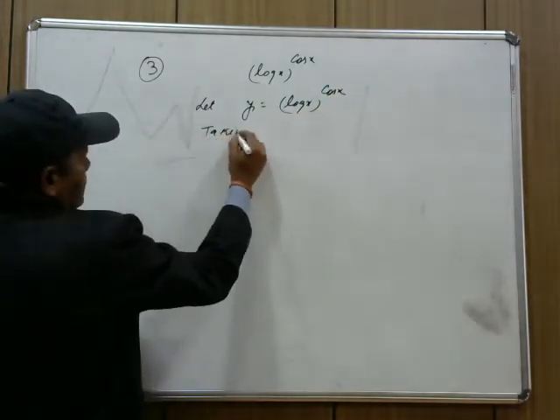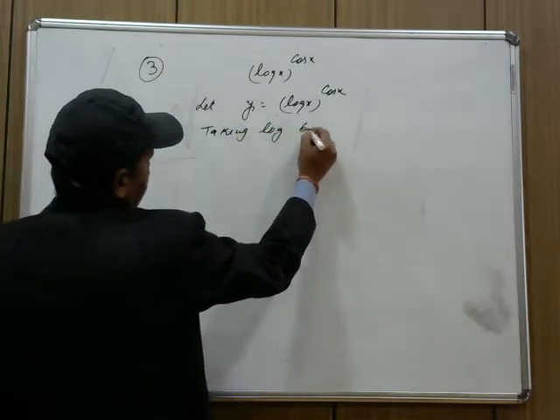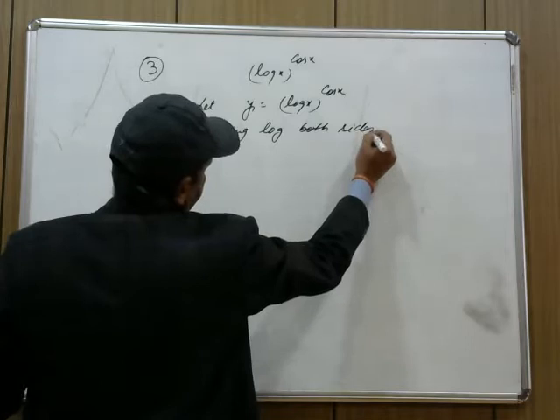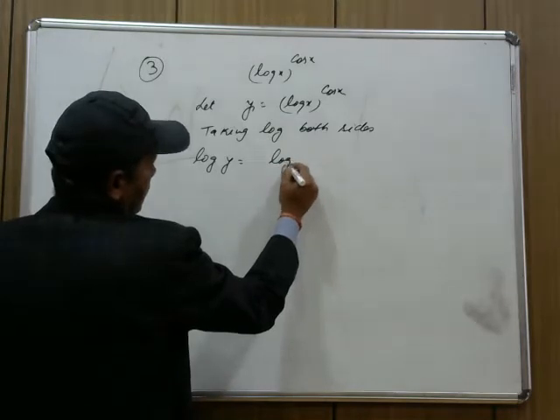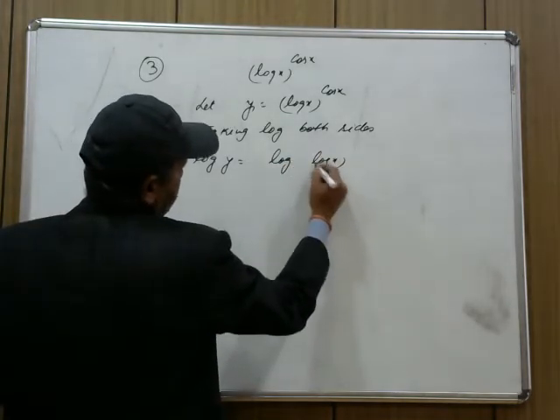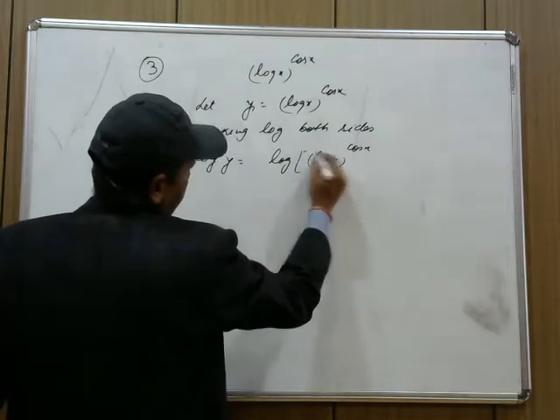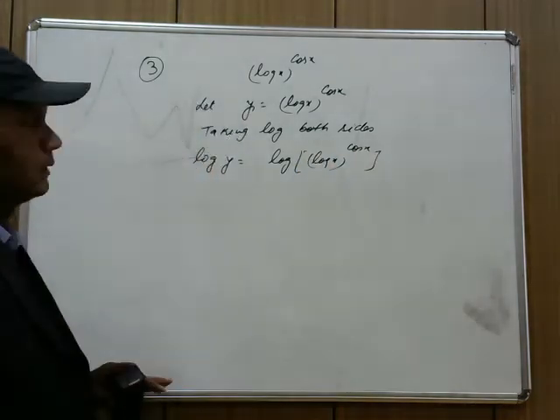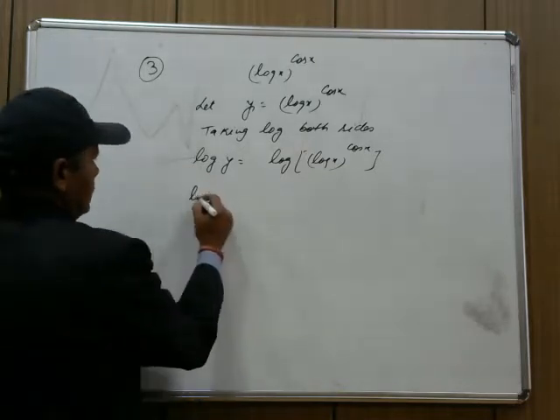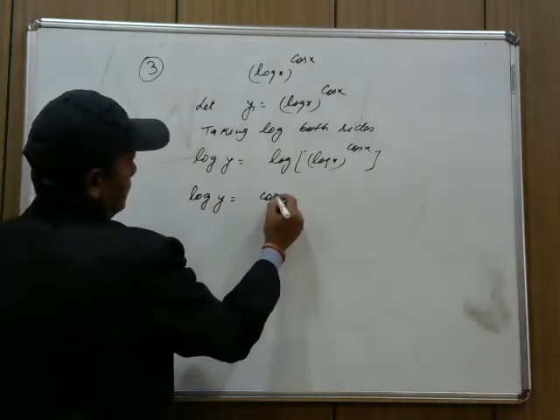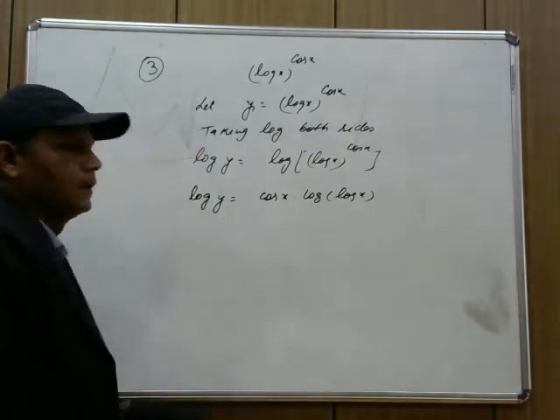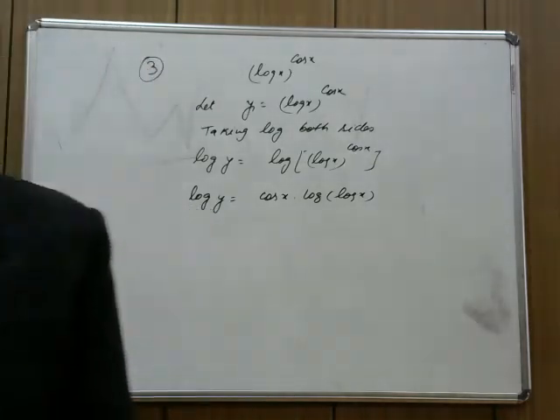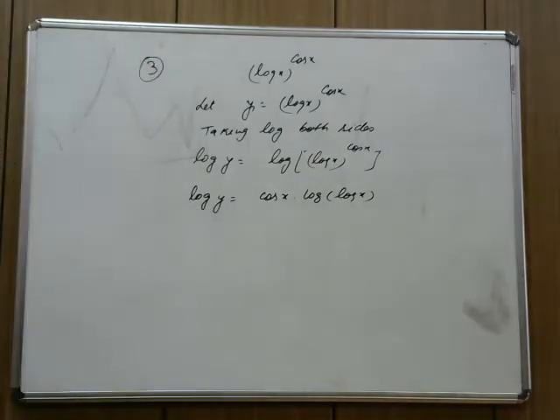Taking log both sides, log of y is equal to log of (log x) to the power cos x. What will we get now? Cos x. Therefore, log y is equal to cos x into log of log x.